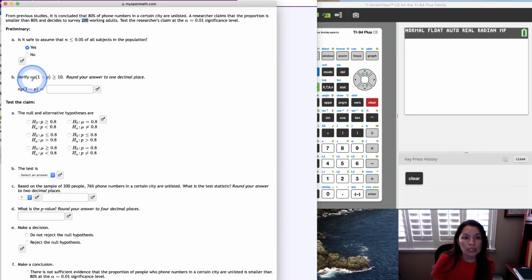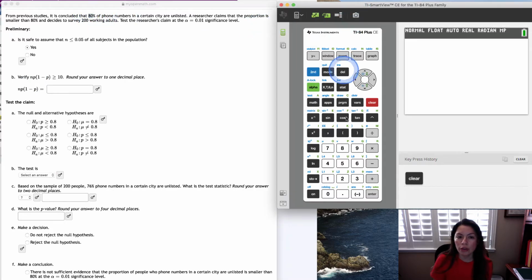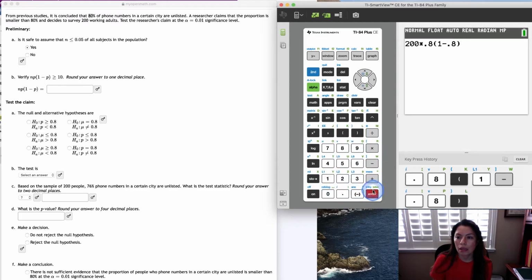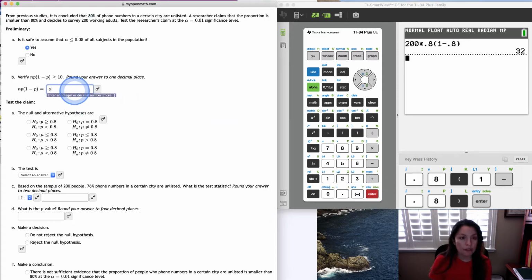So we have a sample size of 200 and a population proportion claimed that's 80%. Let's use our graphing calculator and compute that really quick. 200 times 0.8 times 1 minus 0.8. So that's 32. And 32 is definitely larger than 10, and so we're good to go.